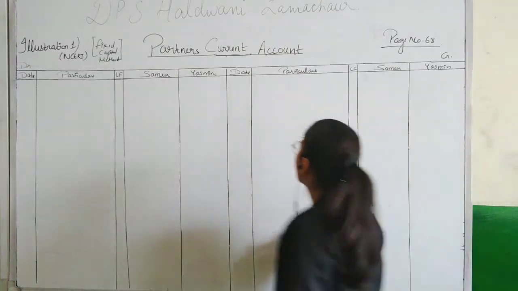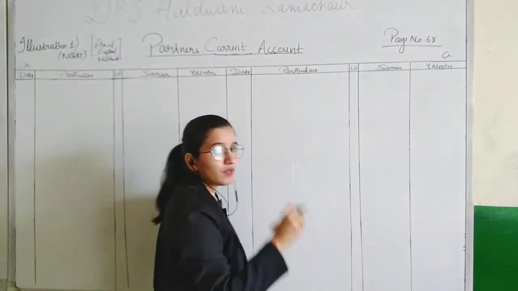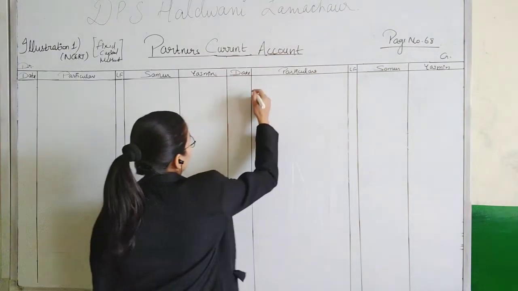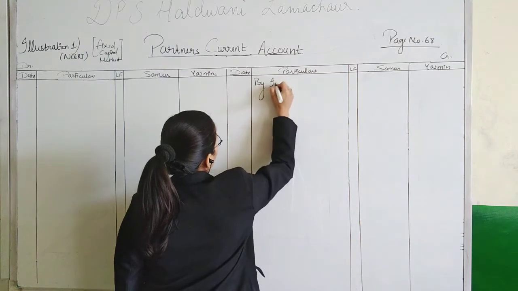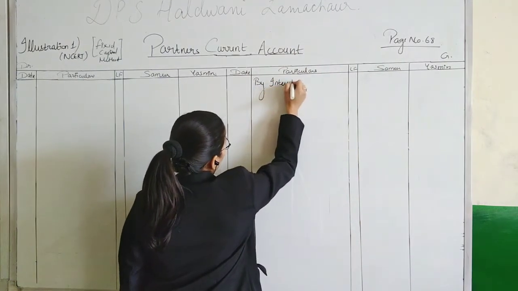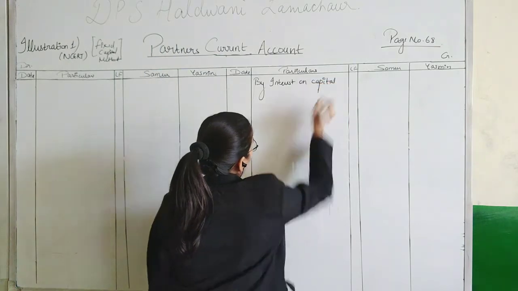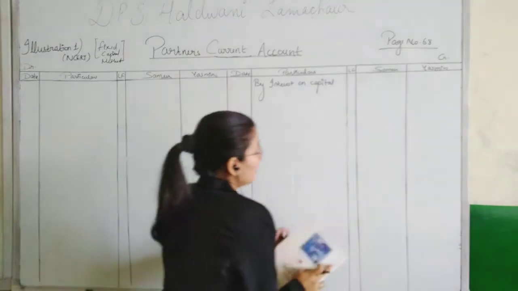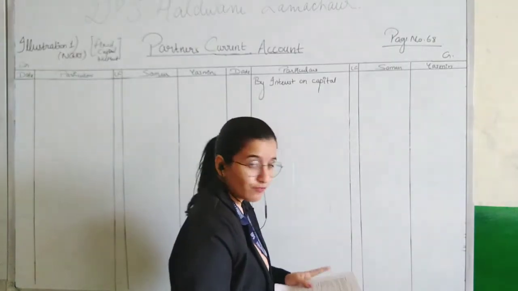So here the first transaction will be interest on capital allowed to the partners. We can write here by interest on capital. The capital which was brought in by Sameer was amounting to 15 lakh.